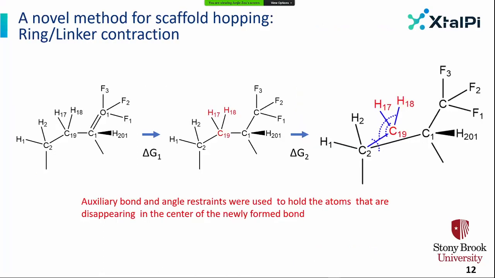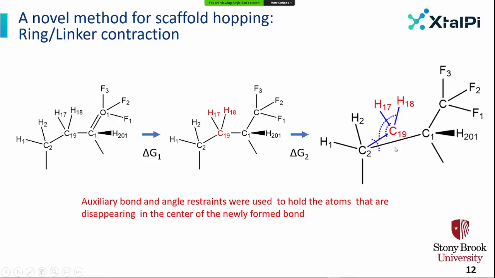And we also came up with an idea for doing contraction. It's good for ring and linker contractions. For contraction, the concept is that we will first remove the non-bonded interaction for the contracted atoms. Then we will break the bond that needs to break and form the bond that needs to form.